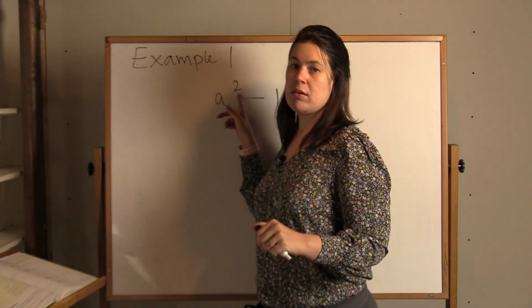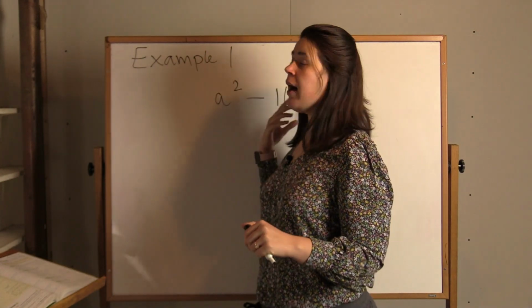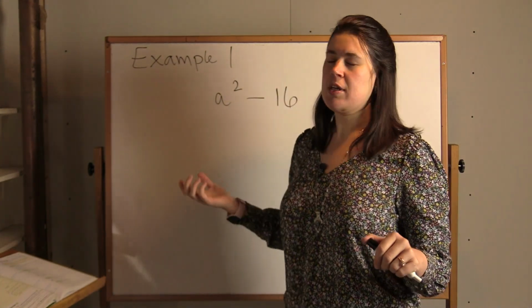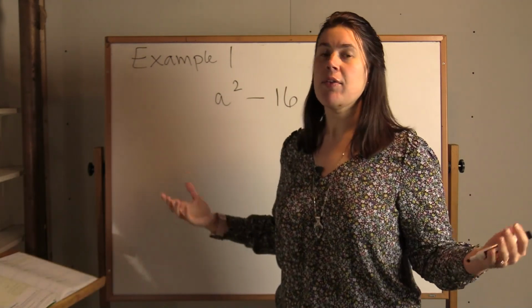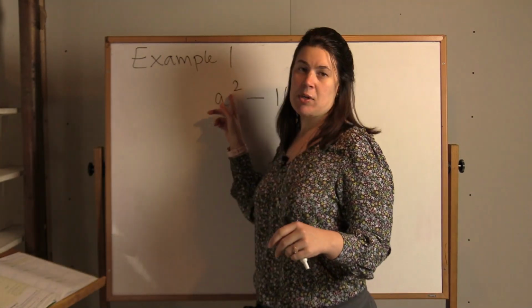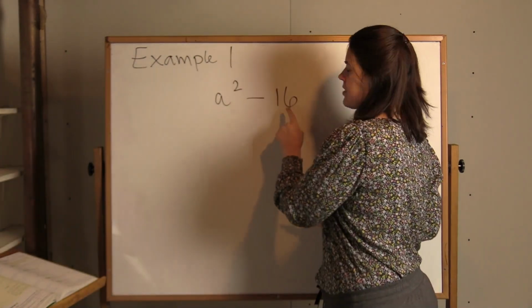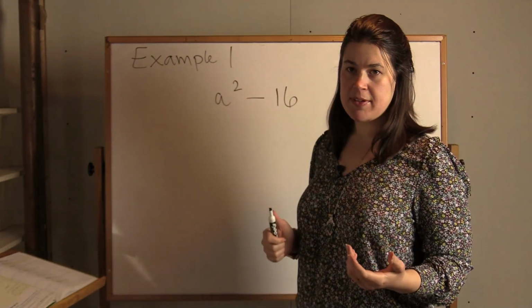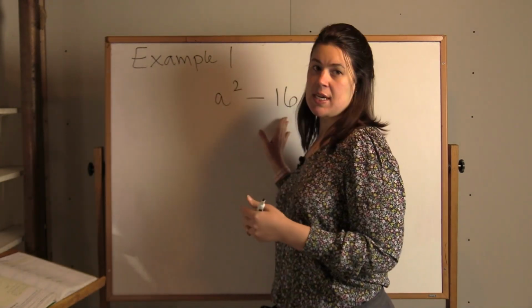So right now, 2 is a perfect square, but I could have a to the 4th, a to the 6th, a to the 8th, a to the 12th. As long as this is an even number of a variable, it's a perfect square. For 16, I know it's a perfect square because 4 times 4 makes 16.